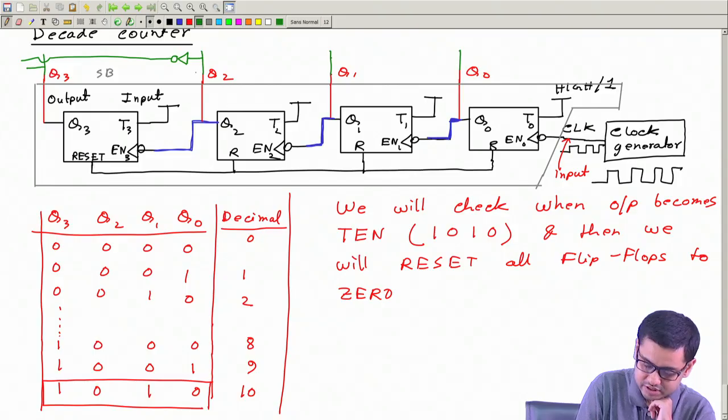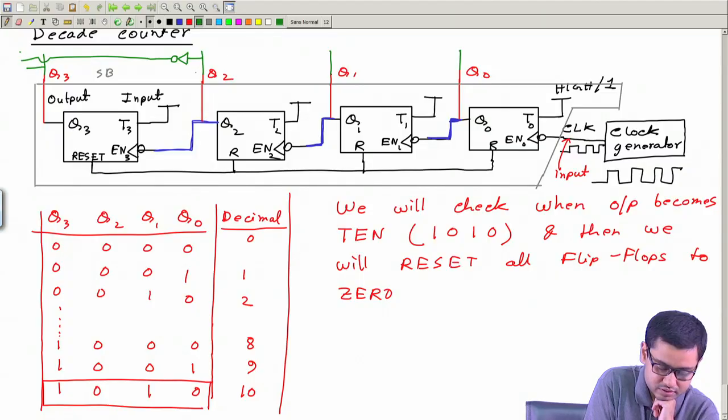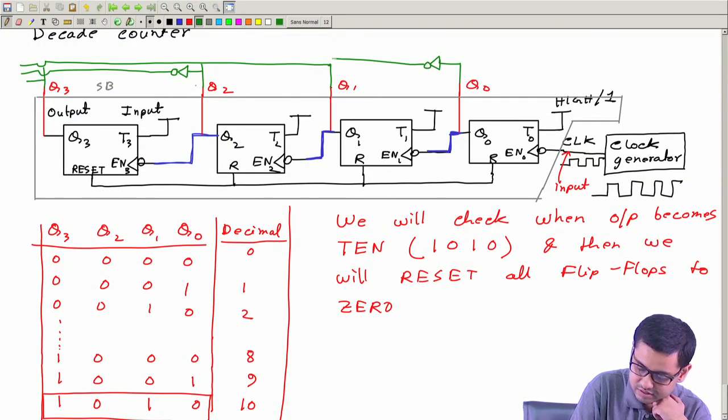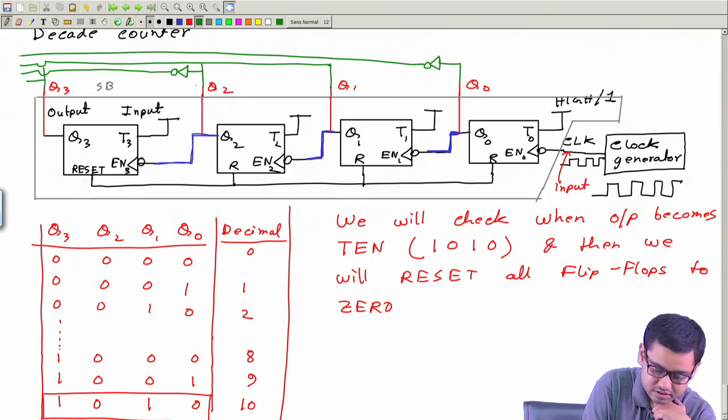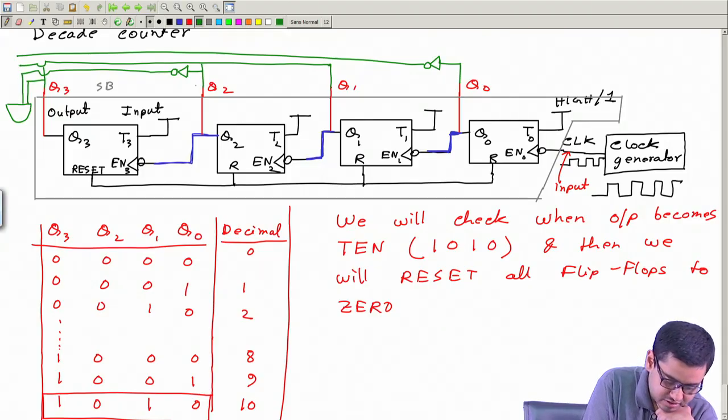Then this should be Q1 is 1, so okay, and let me take a 4 input AND gate, connect all this.